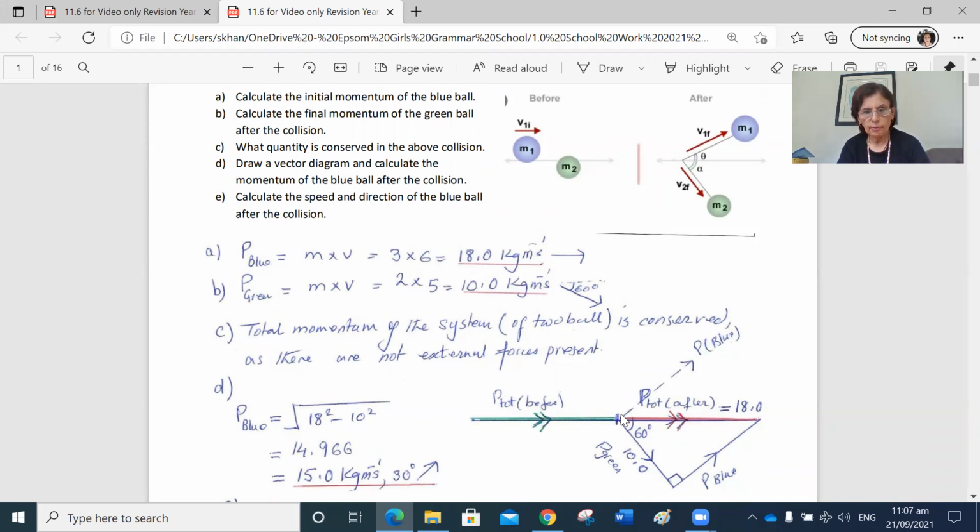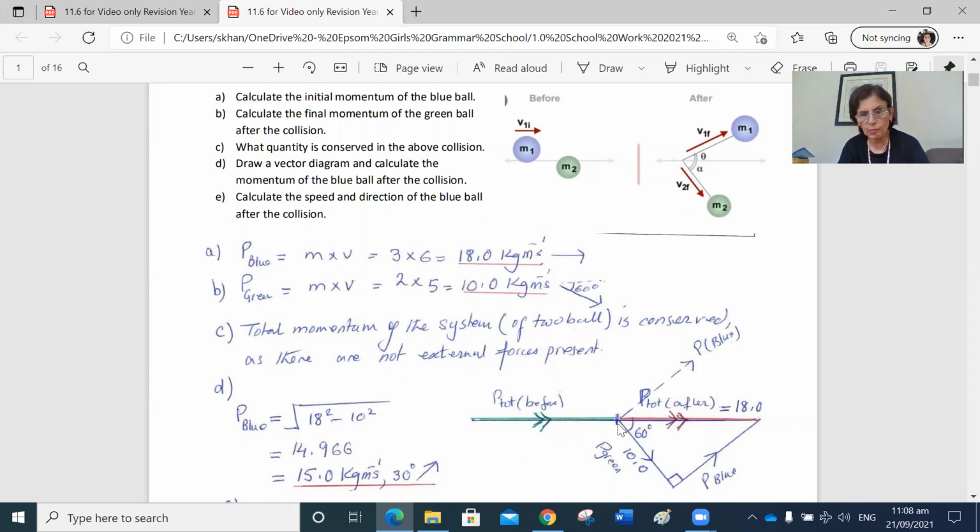In this question, we are given the momentum of the green ball, so we'll draw a vector over here. By completing this triangle, since this one was not given but we were given this one and that one, we need to draw a vector here, and that will be the momentum of the blue ball.